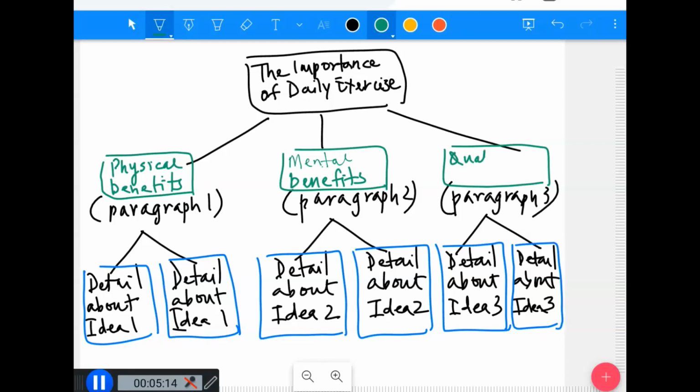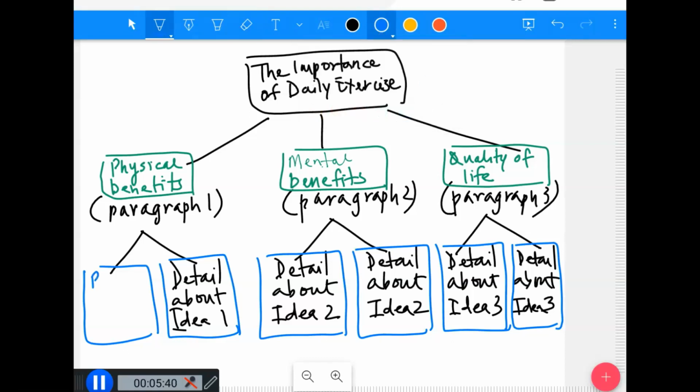And the third thing I can think about is that daily exercise improves your quality of life. It enhances the quality of life, right? So now let's go back to the first idea, physical benefits, and add a couple of details that will help us to shape the first paragraph that talks about physical benefits.